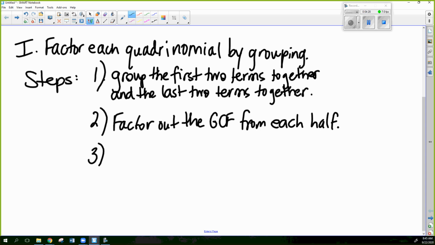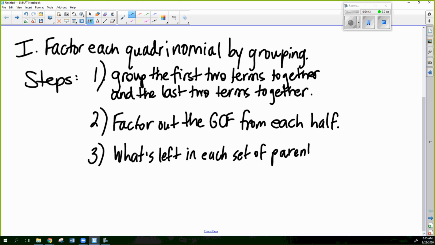All right, step three. You're going to notice that what's left in each set of parentheses should match. If it doesn't, you've done something wrong.